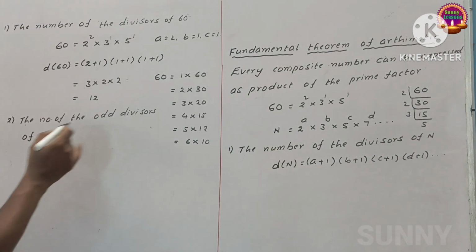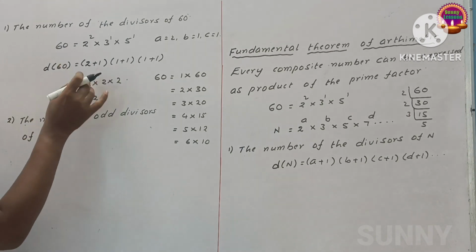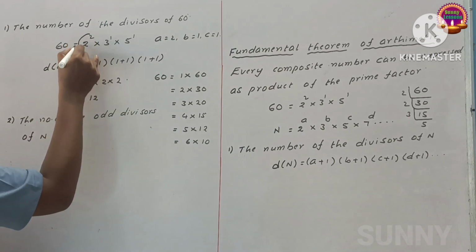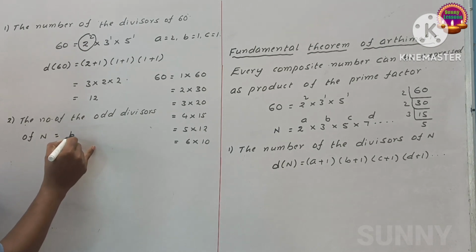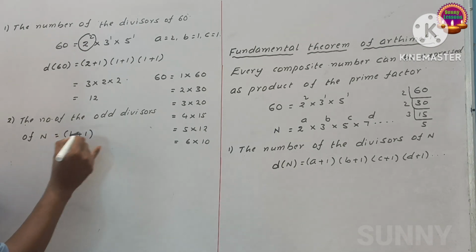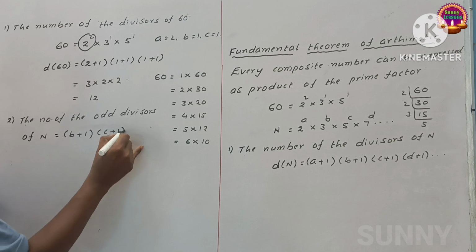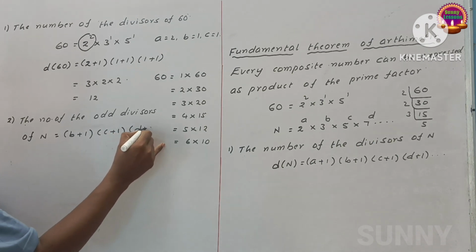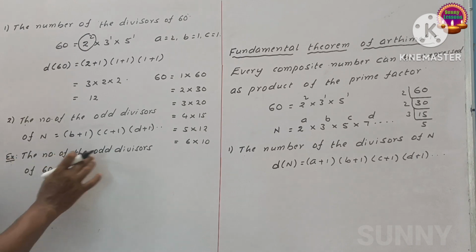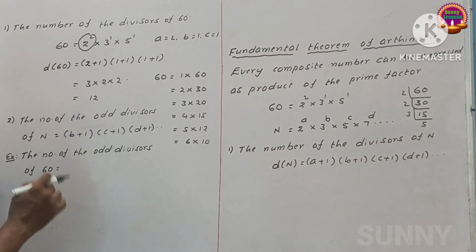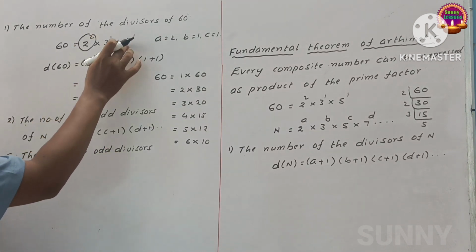The number of the odd divisors of n: since only odd divisors are asked, we have to leave out the even divisors. So we take (b plus 1) into (c plus 1) into (d plus 1) and so on. Here, for the number of odd divisors of 60, we take 3 power 1 and 5 power 1.